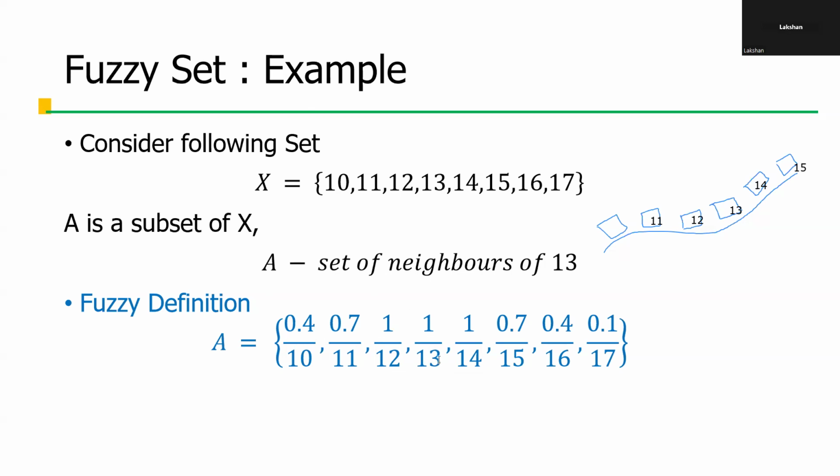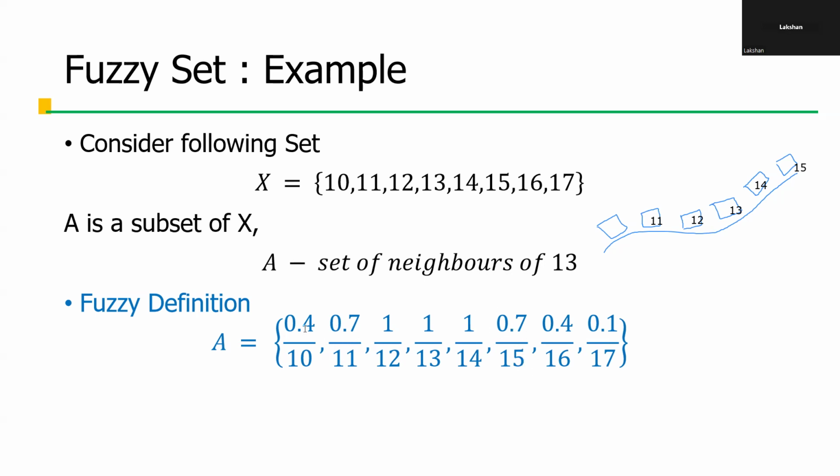So 13, 12, and 14 have 1 on top of it as the denominator. So they are like full neighbors, or they have the most probability to be the neighbors. But then 11 also has a 0.7 value as a neighbor.